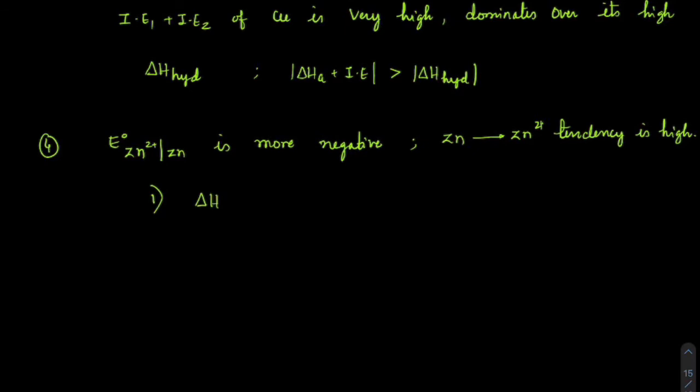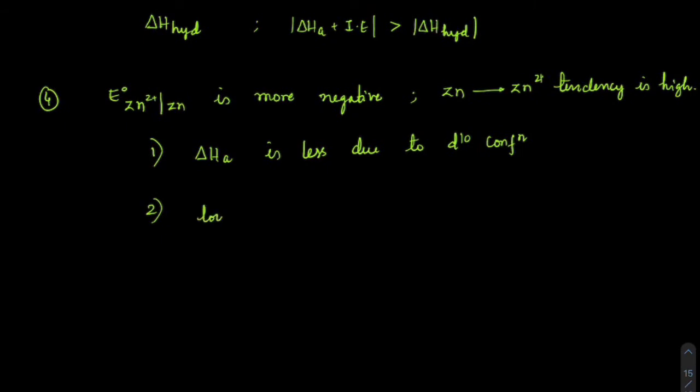One, delta H atomization, okay, is less due to the d10 configuration, and this we have seen in melting point also, right? Next, low second ionization, low ionization 2 value. So this makes the hydration more than that of their atomization and ionization. Because of that reason, zinc is again becoming quite negative.